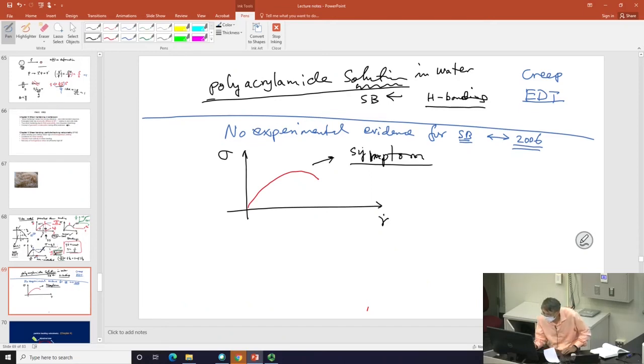So in other words, can we improve our model such that this does not occur?